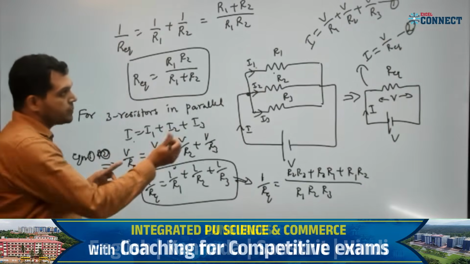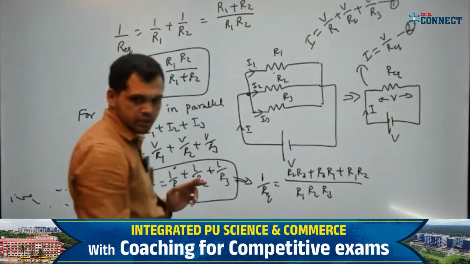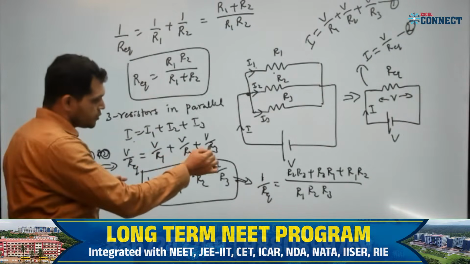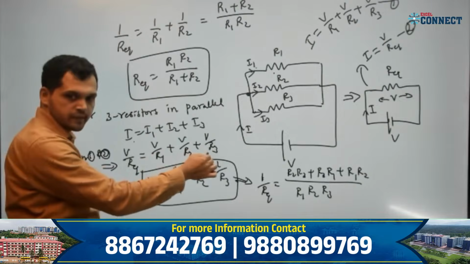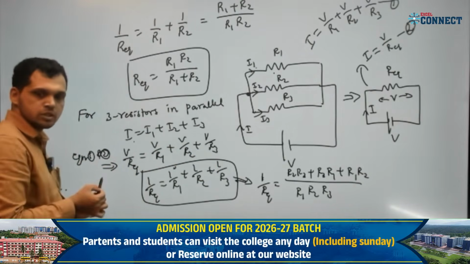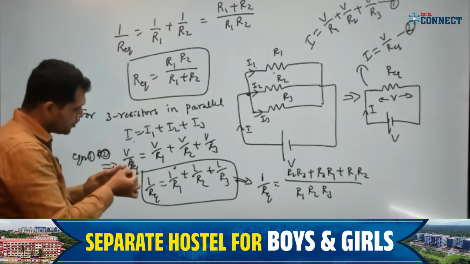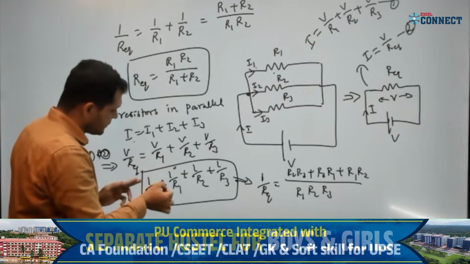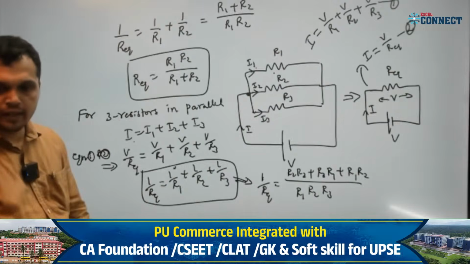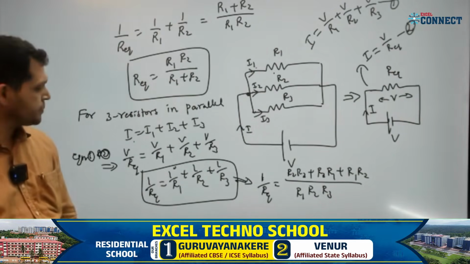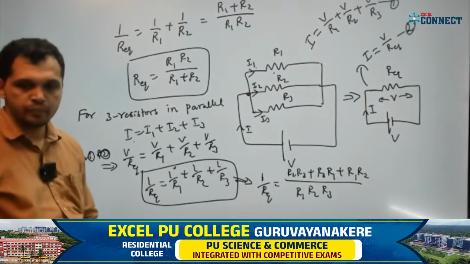Equation 2 is V by R equivalent, and this is equation 1. Is it clear? Now the numerator V cancels. You get 1 by R equivalent is 1 by R1 plus 1 by R2 plus 1 by R3. Now hope this is clear.